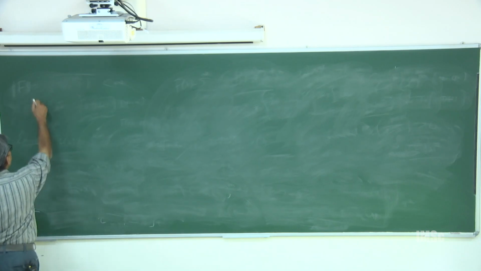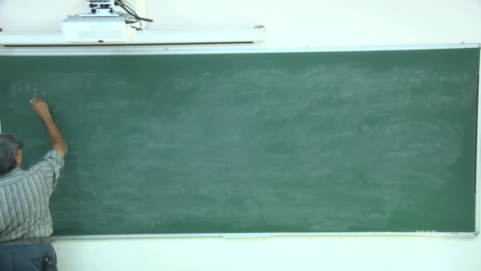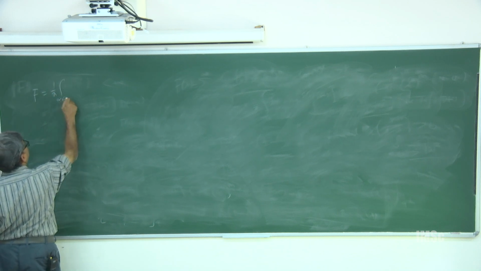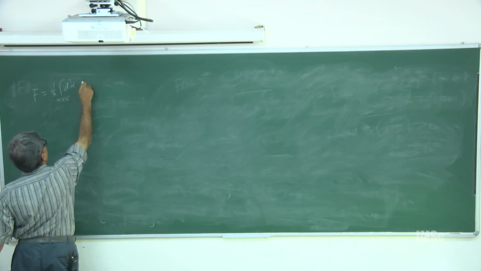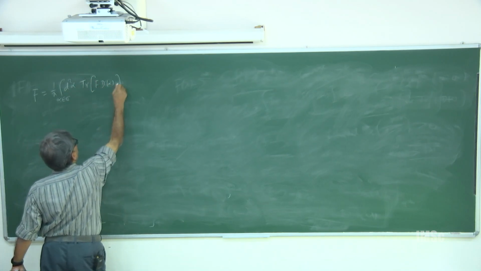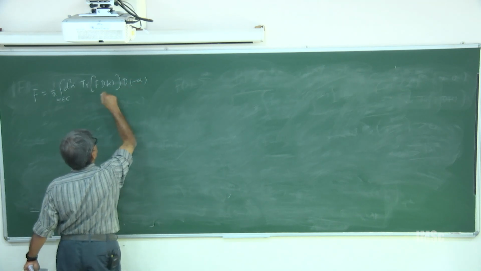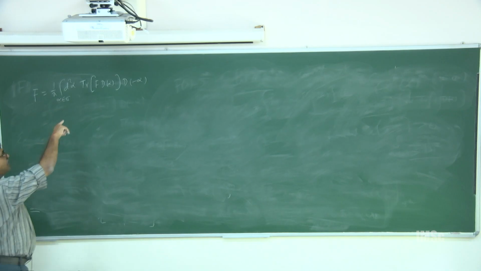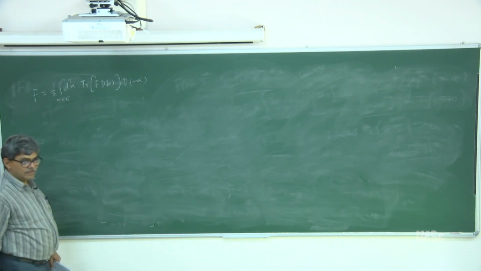So, we have this expression for any bounded operator f: f equals 1 upon pi, integral over alpha belonging to C, d square alpha, trace of f D of alpha, D of minus alpha. This is in terms of displacement operators, and we know that the displacement operators form an orthogonal basis. Okay.